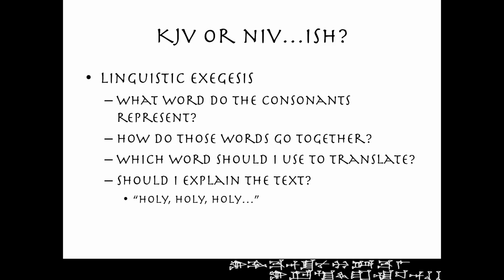Let's take a different example. The word agape in Greek, we would translate as love, right? But there are several different words in Greek for love. So how do we just say love for all three of them? Do we try to nuance it to give a clearer meaning? Do we, as the next point would say, explain the text with the word agape?